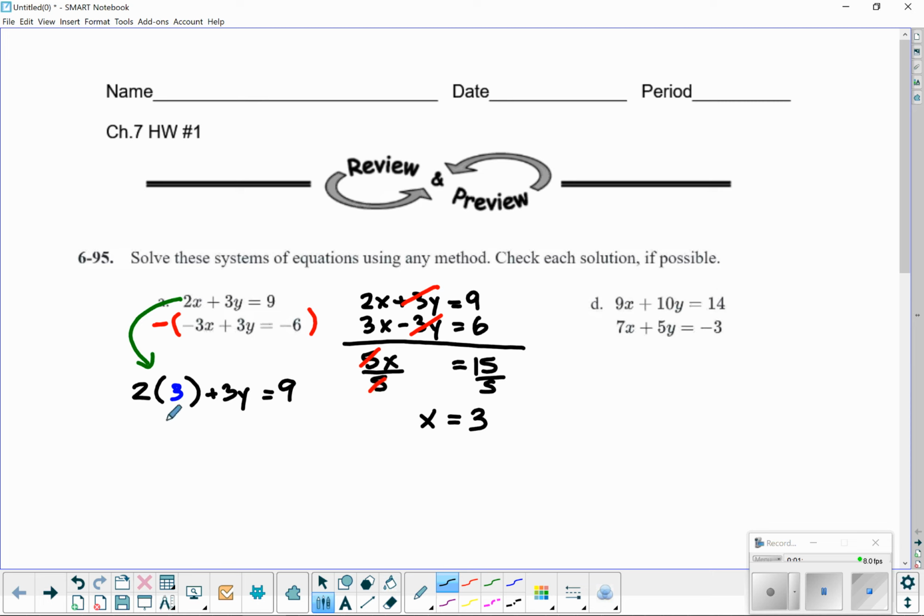Work that out, and you get 6 plus 3y equals 9. Subtract 6 from both sides. This will eliminate itself. You will have 3y equals 9 minus 6 is 3. Ooh, goody goody. Divided by 3, and you get y is 3 divided by 3, or y is 1. Right? So your x is 3, your y is 1.